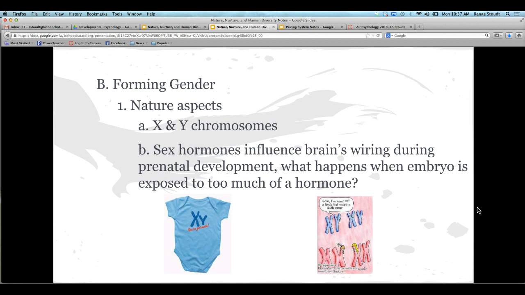In some cases, they've also had cases where they've actually developed male genitalia. They act more tomboyish, and I put these in parentheses, okay, because we will talk in a minute about how that's what society determines as more masculine, okay? But when your embryo is exposed to too much of a specific hormone, it will change the brain's wiring, okay?